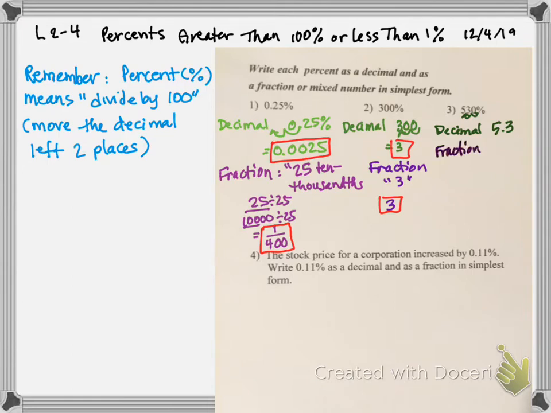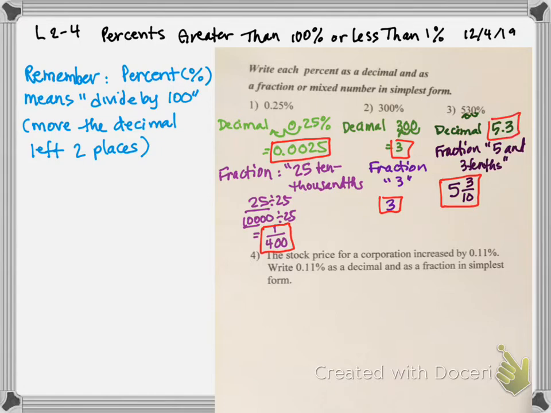And that's going to be 5 3/10. So that tells me what to write, and I have 5 3/10. Now remember, with your fractions, always try to reduce to lowest terms if possible. For this last one, it was not possible. So those are the two answers for this one.